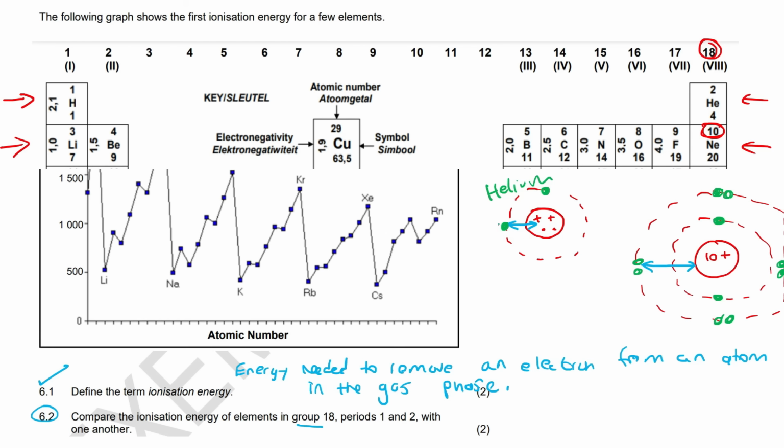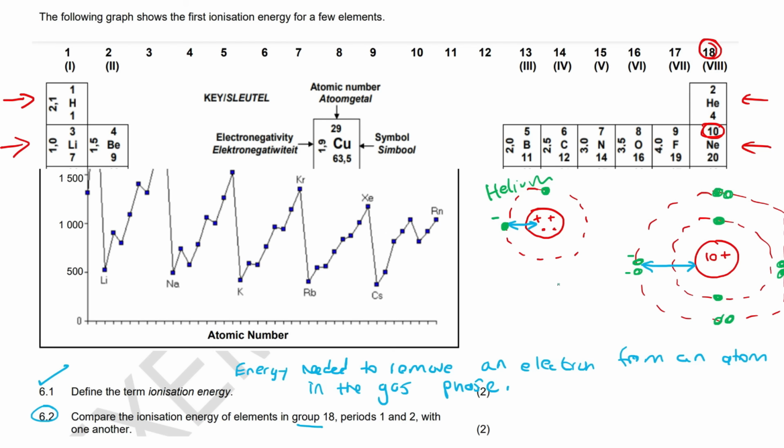Well, remember that electrons are negative. Okay, so we know that there is an attraction over here, and we know that there is an attraction over here. However, this attraction is going to be much larger than this attraction. Why? Well, it's just because of the distance. If you put 2 magnets close together, it's going to be much stronger than if you put 2 magnets far apart.